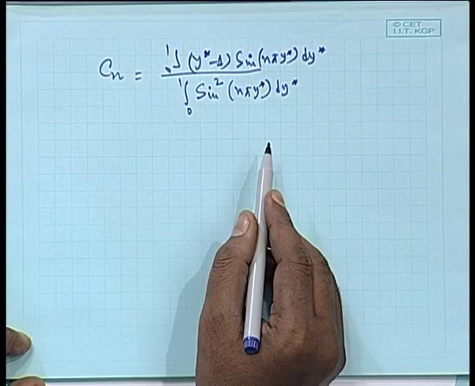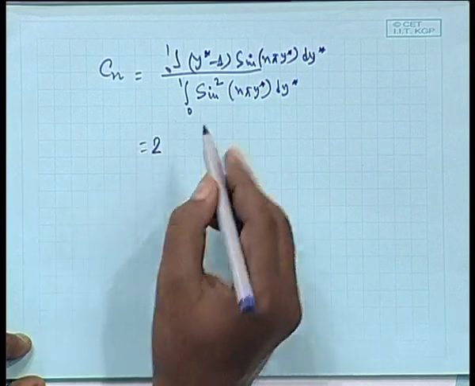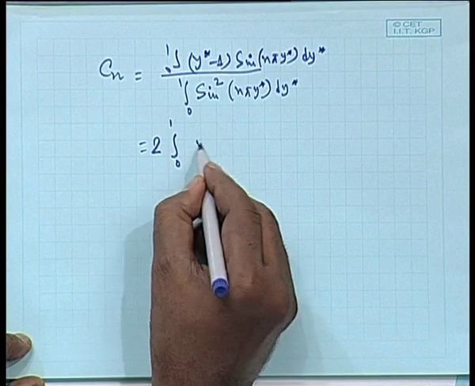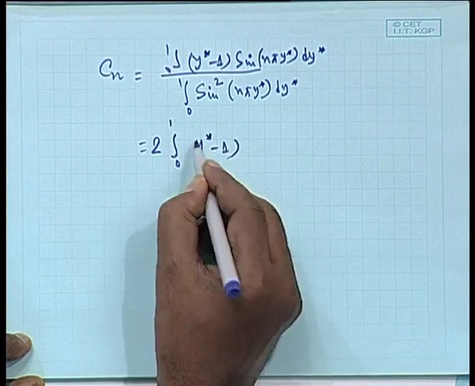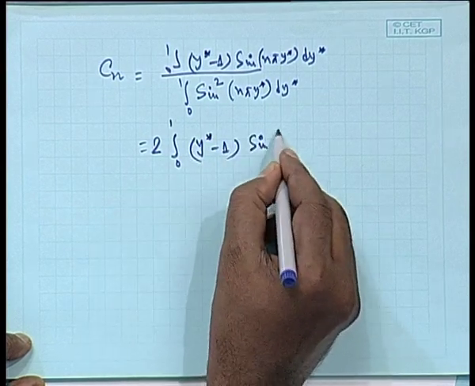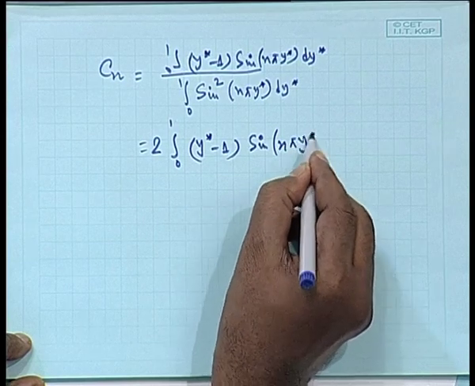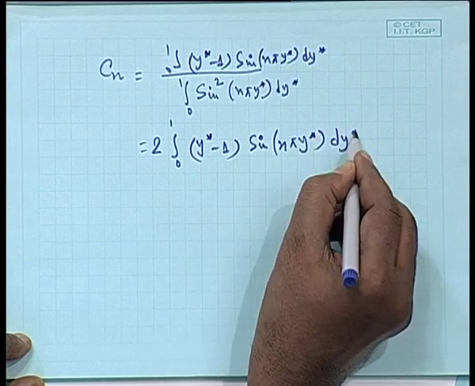The denominator is half. So, it becomes 2 times integral 0 to 1 of y star minus 1 sin n pi y star dy star.